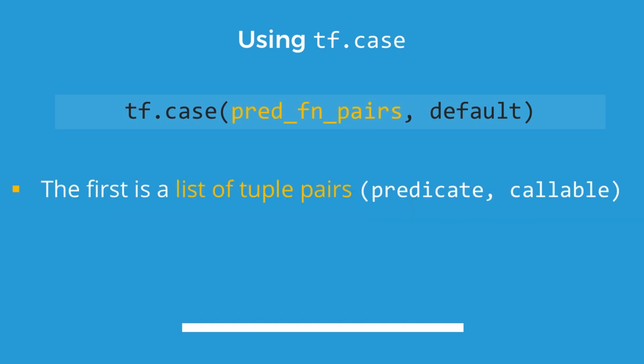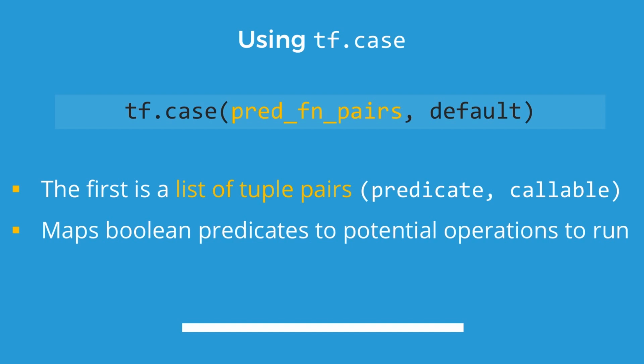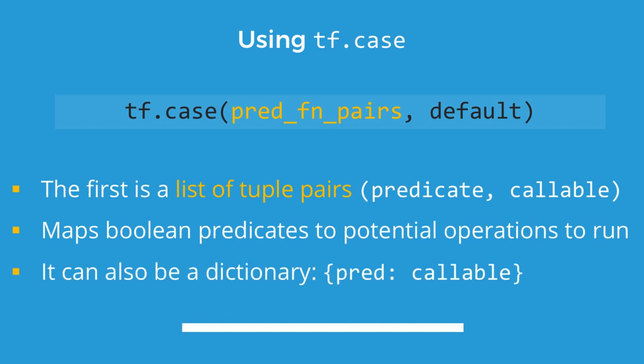The first is the predicate function pairs. It's a list of tuple pairs, where the first entry is the predicate Boolean value, true or false, a single scalar, and the second is the callable function that we want to run. And then it can also be a dictionary if you prefer.